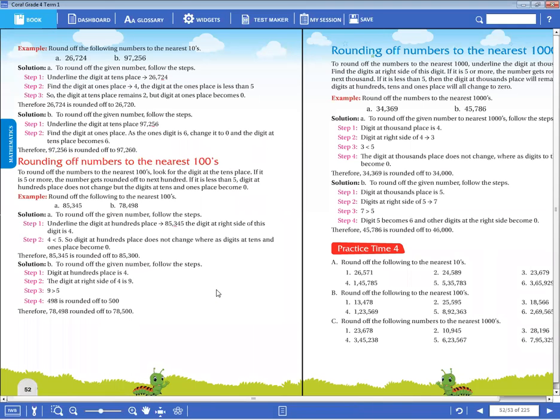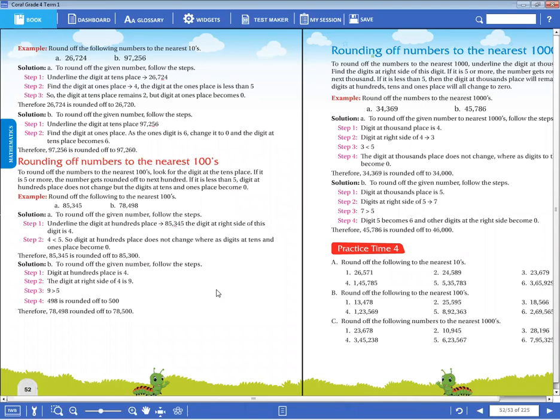Tens only, no? You have to check the tens. If the tens place is less than 5, you have to take the same hundreds only. If the tens place is greater than 5, 50, then we have to take the next hundreds.